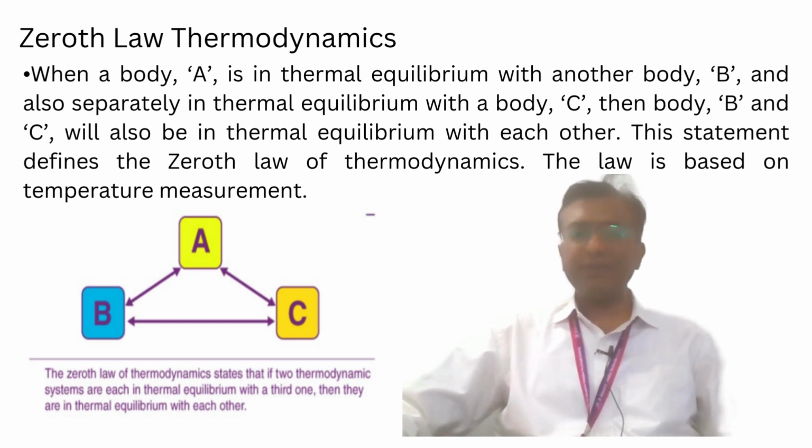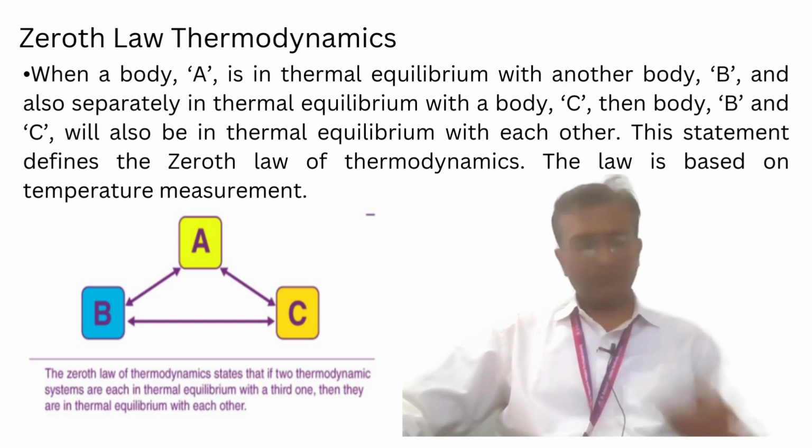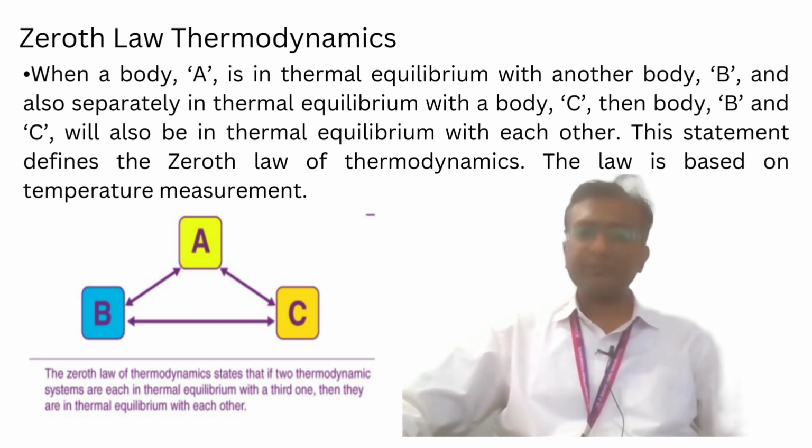It provides the justification to use a thermometer as a reliable measurement instrument. Now that we have laid this fundamental principle, let's explore some alternative ways of stating the zeroth law and further solidify our understanding.